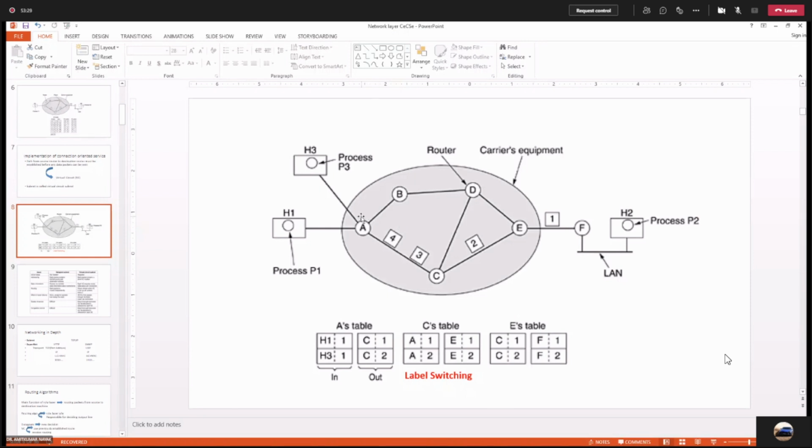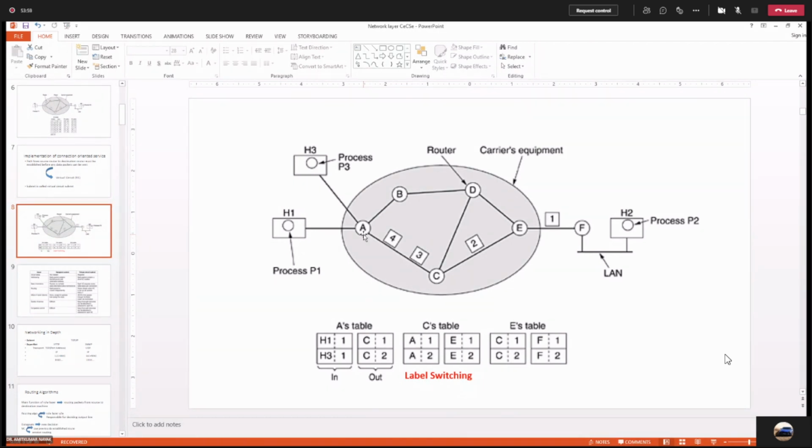Assume that router A has 100 MB RAM, and routers B, C, D, E and F also have 100 MB RAM. What will happen if that 100 MB RAM gets full? If router A's memory gets full, then what will happen with router A?